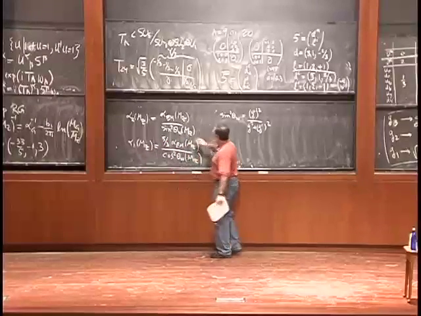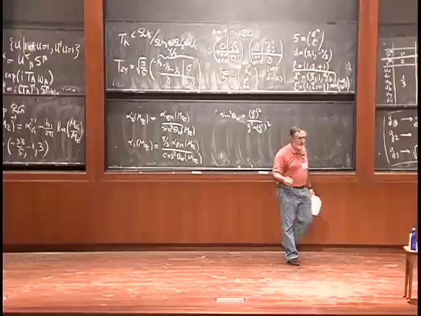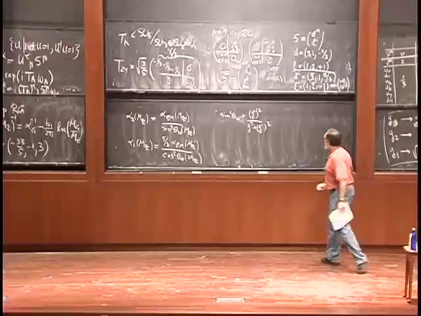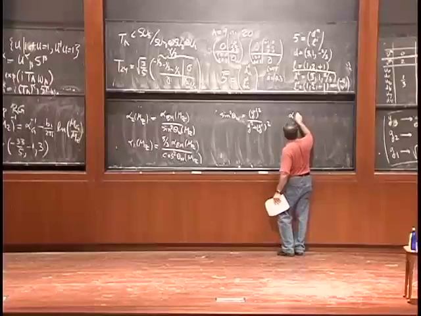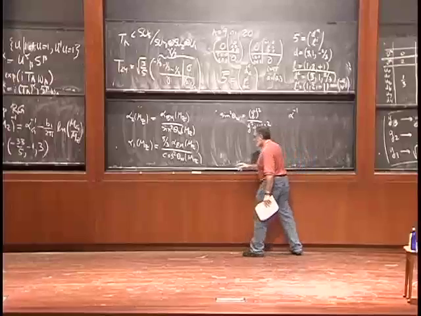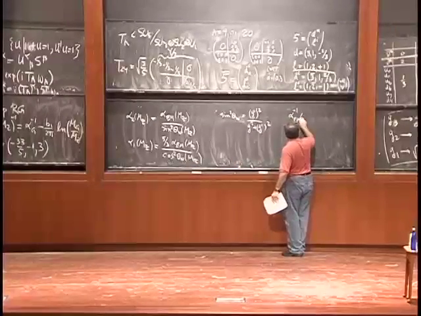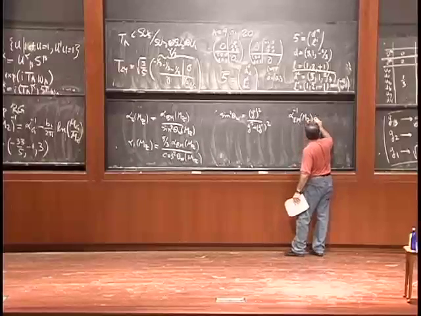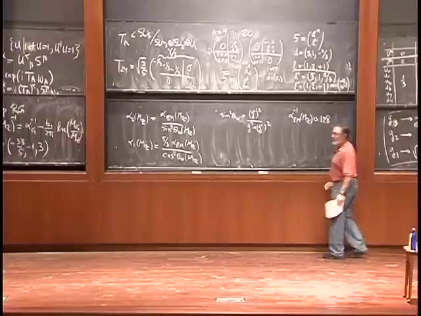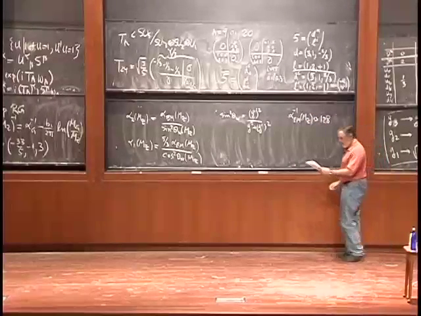So precision electroweak data gives you the value of alpha electromagnetic at M_Z. Roughly speaking, it's around 1 over 128.